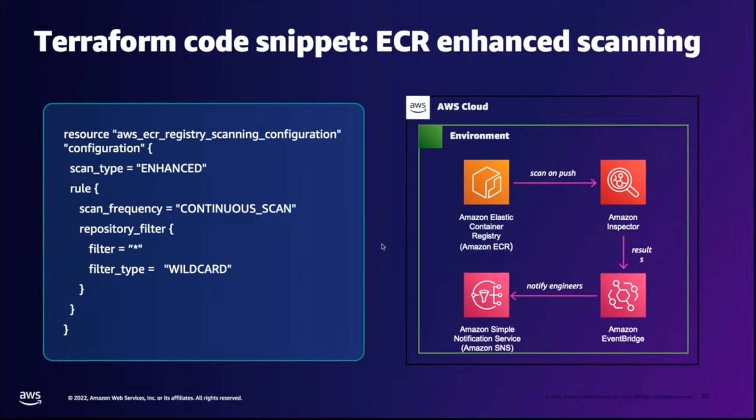Then once the scan completes, the results are published to Amazon EventBridge, and a rule in EventBridge sends that message to an SNS topic, and then that message can be sent to multiple subscribers, such as emails or Slack messages, right?